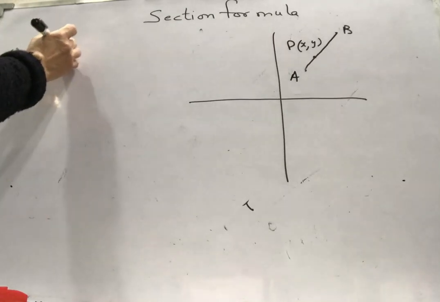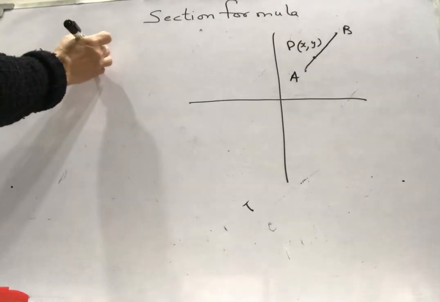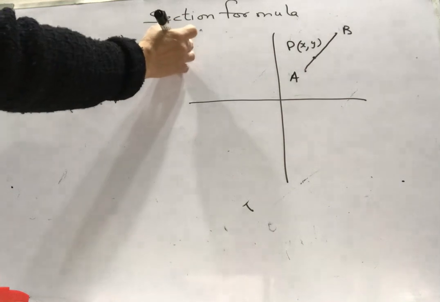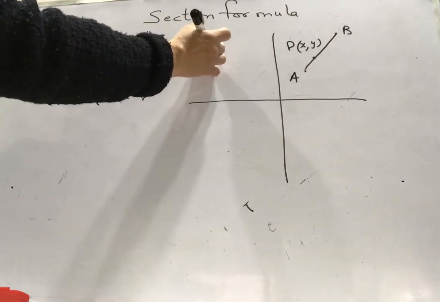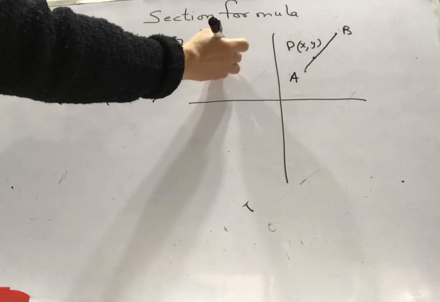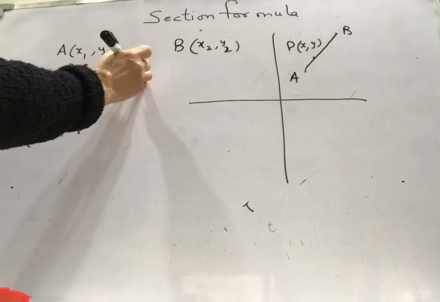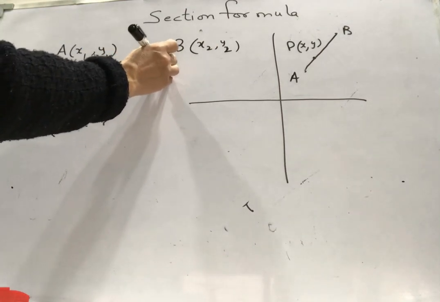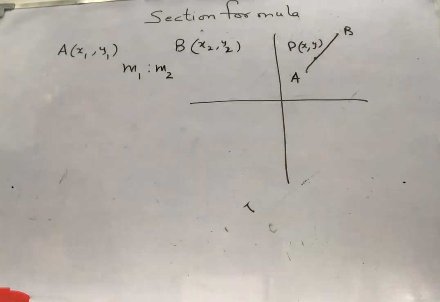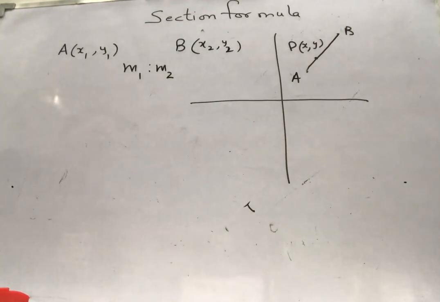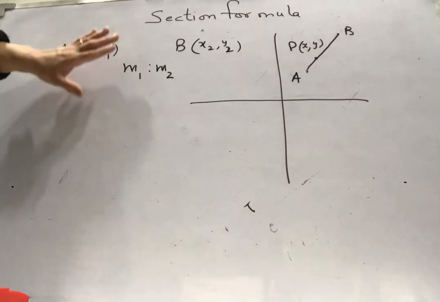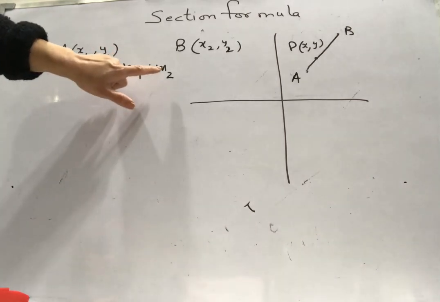So if you have A as x1, y1 and B as x2, y2, and the ratio in which P is dividing AB is given to be m1 is to m2, now how to write the coordinates of x? If you write this way, it's easy to remember the formula.